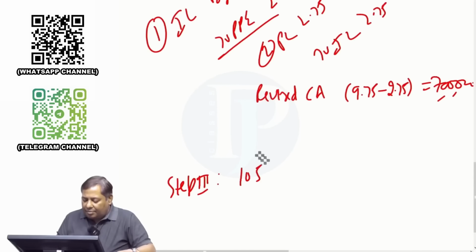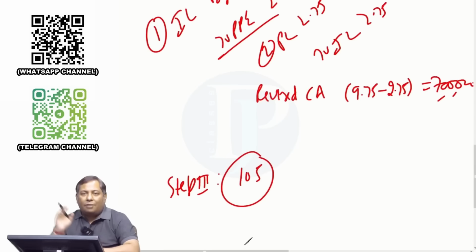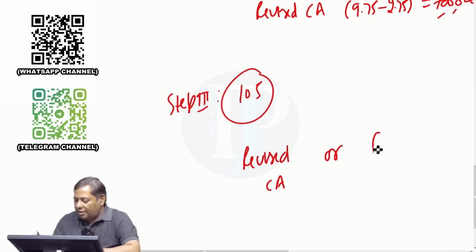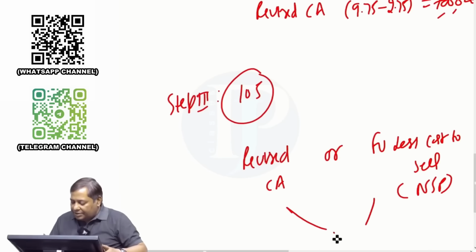The third step says bring this asset to 105. The end formula of 105 will be applied: revised carrying amount or fair value less cost to sell, which we also call NSP, net selling price. Whichever is lower.